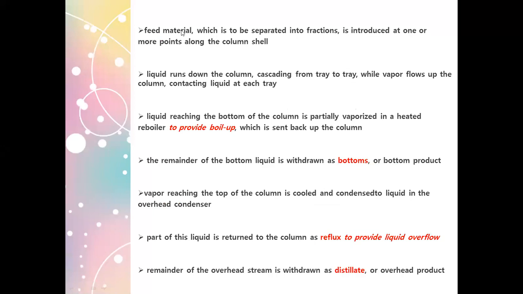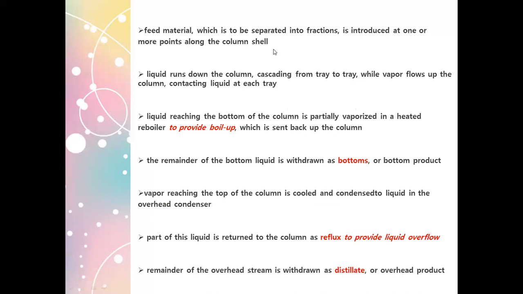Now, the feed material is to be separated into fractions in the sense that the components that are present have different volatility. So they are separated into fractions using this difference in volatilities.